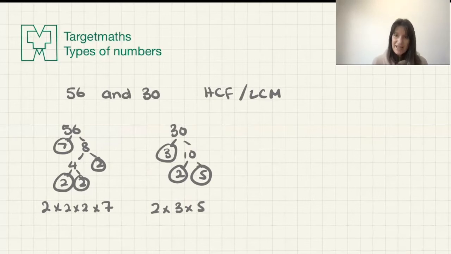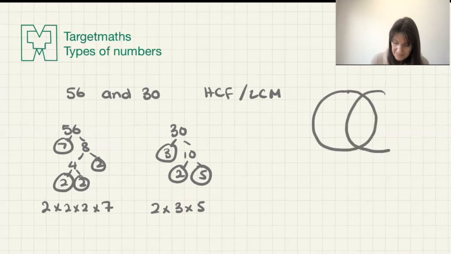We are going to use a Venn diagram to put these numbers in, and then that diagram will organize how we find our HCF and our LCM. Now, before we do the organizing of that, I want to make a quick note about where the HCF and LCM live within that Venn diagram. So we've got a Venn diagram here.